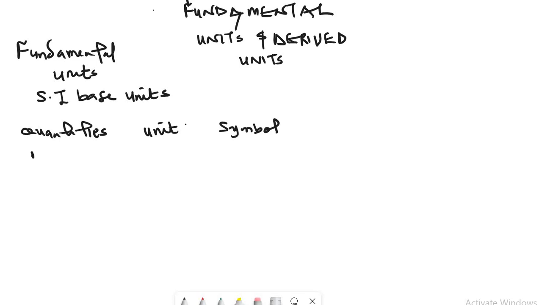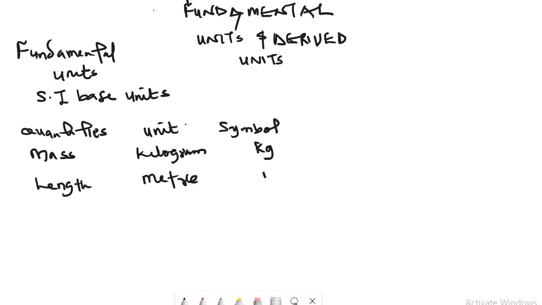One of them is mass. Mass is measured in kilogram, and the symbol for mass is kg. One of them is length. Length is measured in meter, and the symbol is m, small letter m.